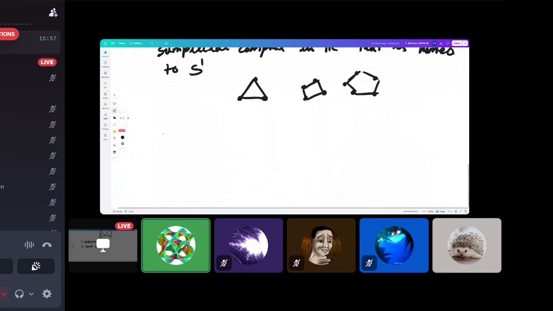And two, a smooth knot. First of all, what are the equivalences of a combinatorial knot? Let's start with that.